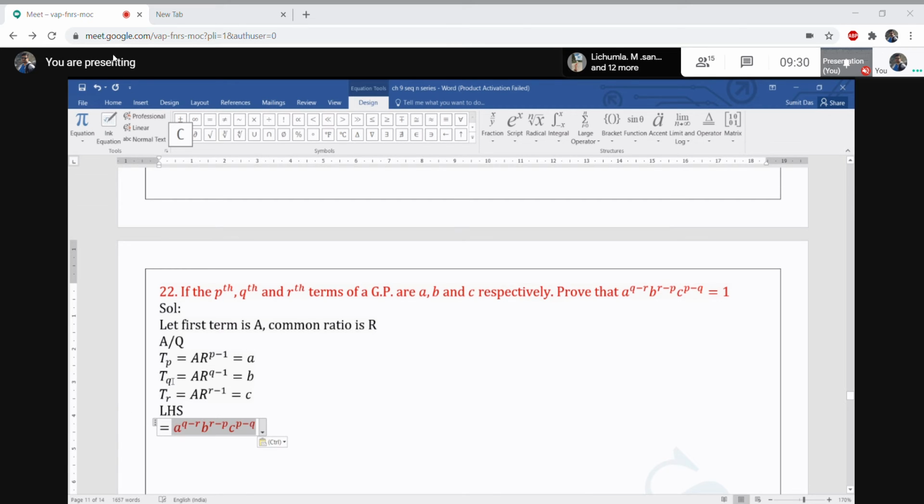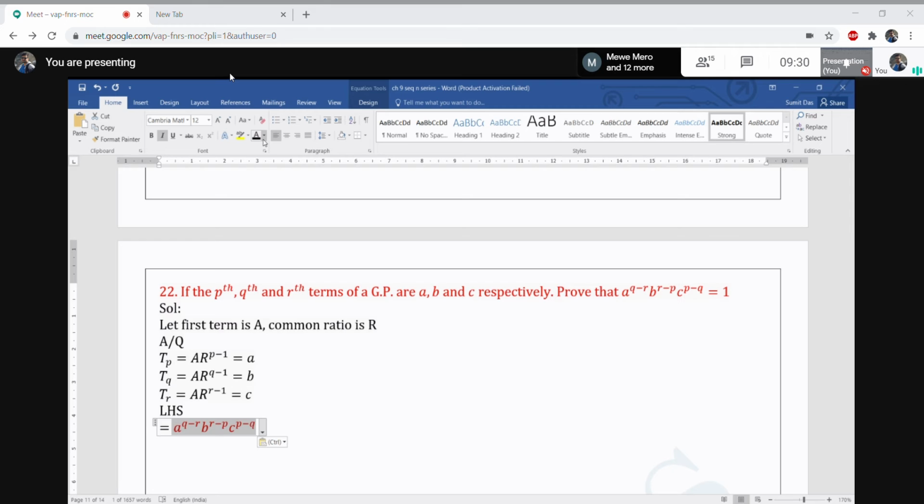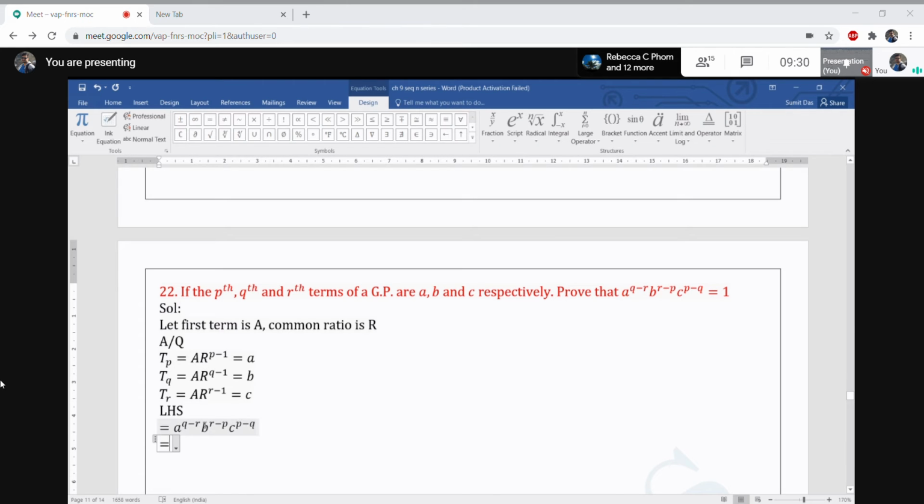Nothing very complicated. You have to just put the a, b, c values. What is the value of a? The value of a is A R to the power p minus 1.